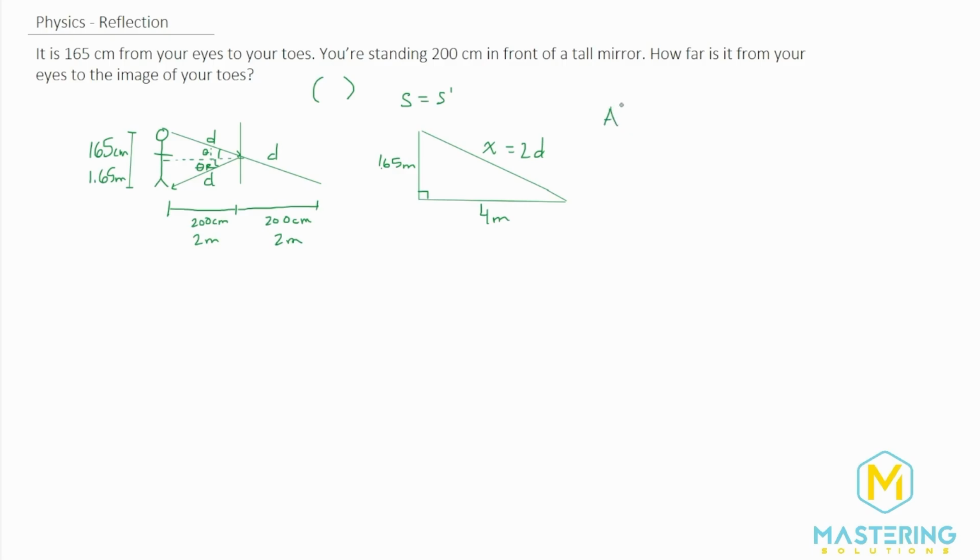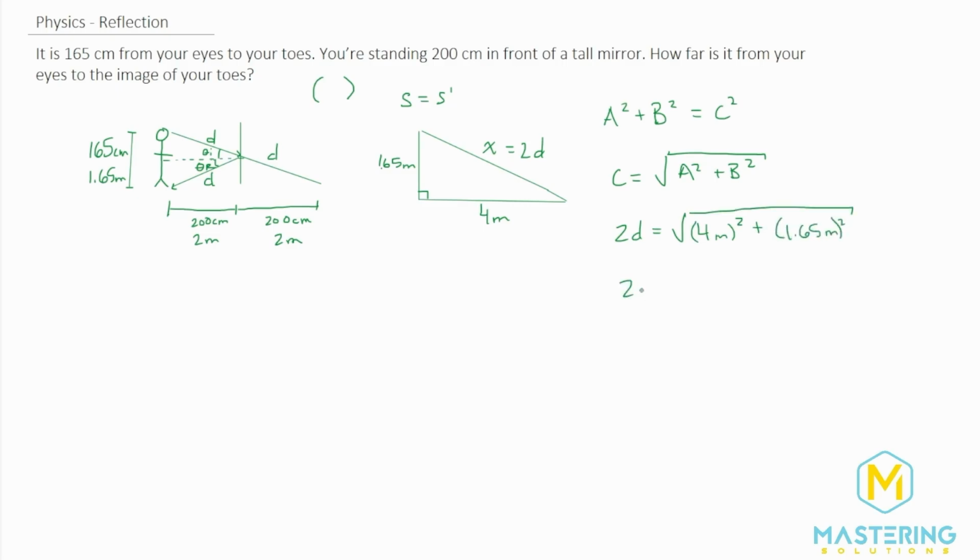And that says that a squared plus b squared is equal to c squared. We're trying to solve for c. So c, of course, is equal to the square root of a squared plus b squared. And so now when we plug this in, we have c, or I'll keep it consistent here, 2D is equal to the square root of 4 meters squared plus 1.65 meters squared.